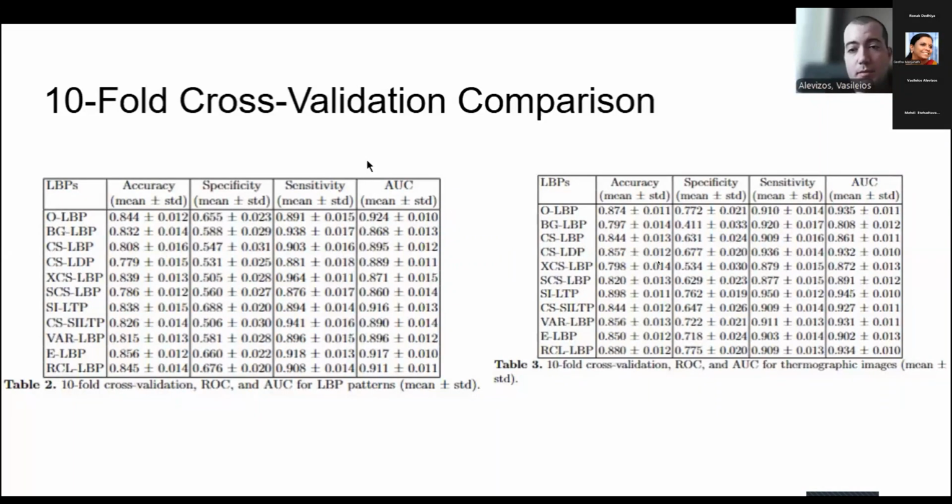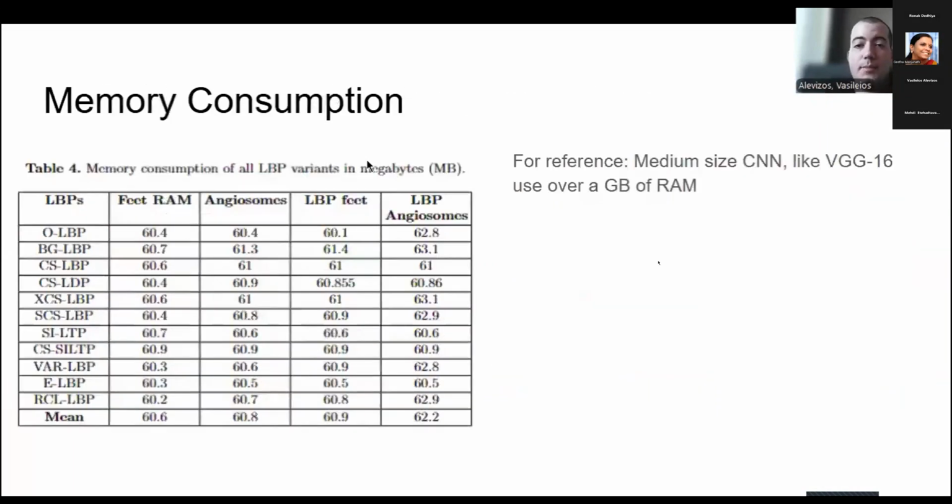Another important aspect of our study was the analysis of memory consumption. RCL-LBP had an average memory consumption of 60 megabytes, which is much lower compared to convolutional neural networks, including VGG16, which is close to roughly a gigabyte of RAM, depending on the pipeline.